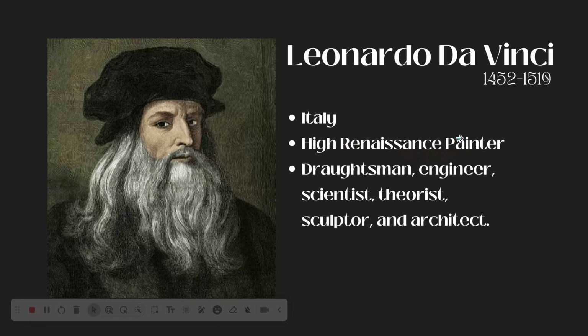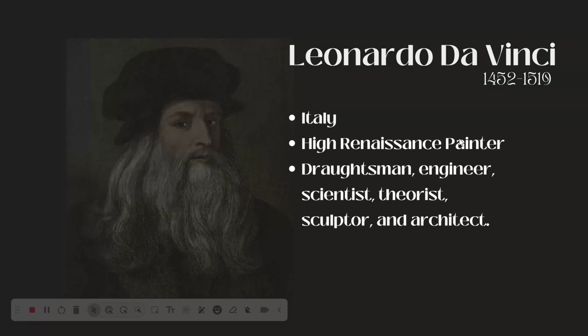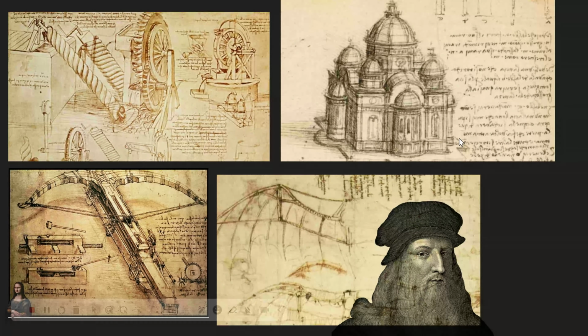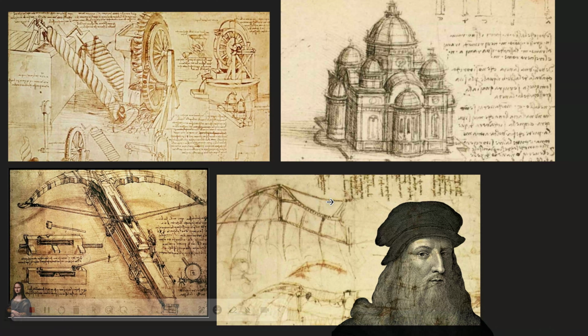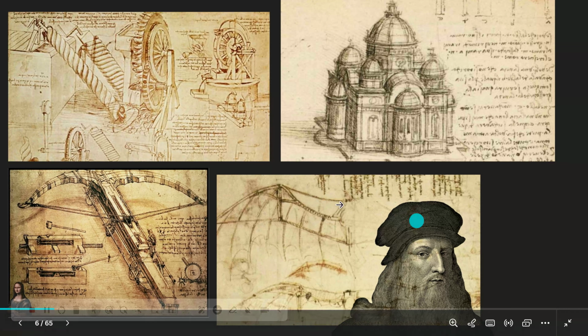Now, not only was Da Vinci a painter, but he was also an engineer and created a lot of sketches and inventions for different things. For instance, he created a lot of weapons. He was also into discovering how people could fly at that time period.